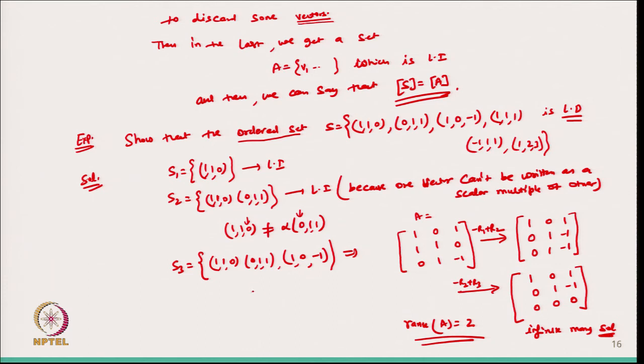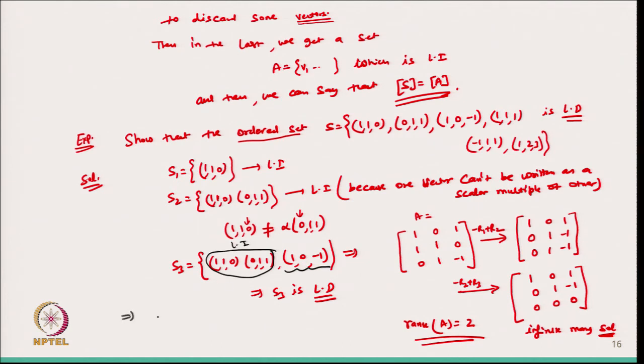Using this we can say that my S3 is linearly dependent. So, when we had not added this element, it was LI, but then we put this element, then the whole set becomes LD.